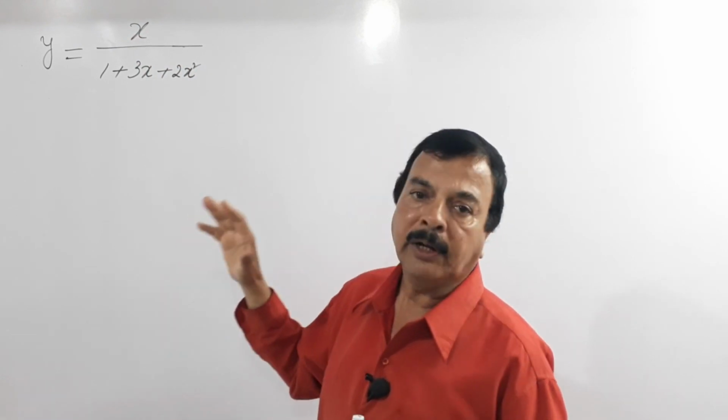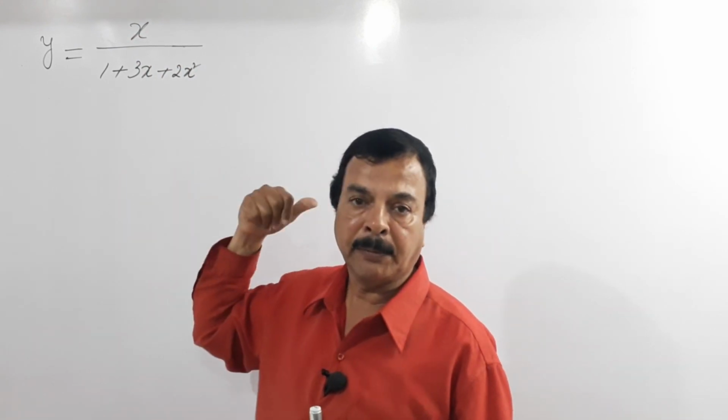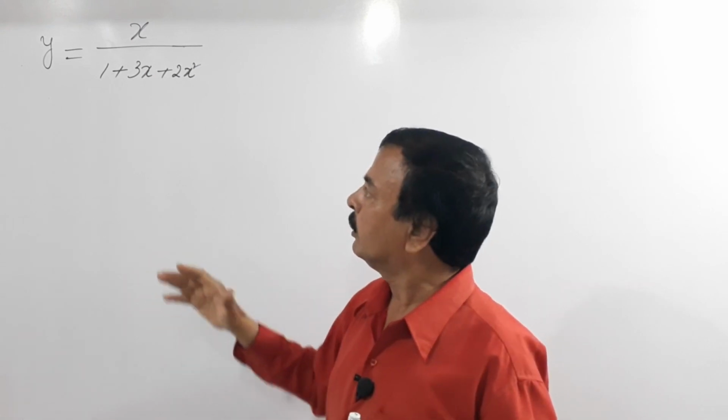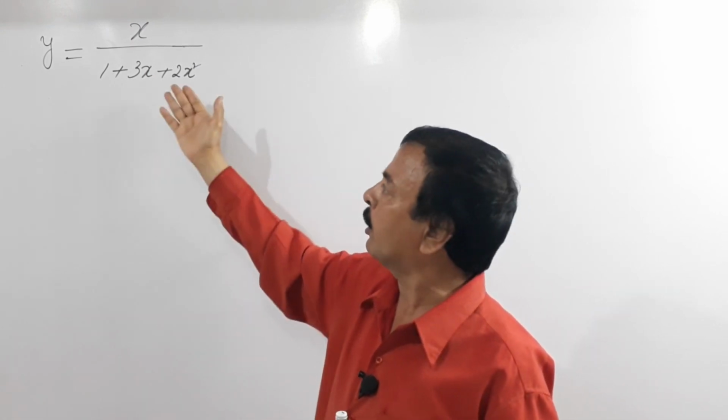Now we'll try to do this problem like the previous one. It's similar to that. The only thing is you have to factorize this, you have to use the quadratic equation.